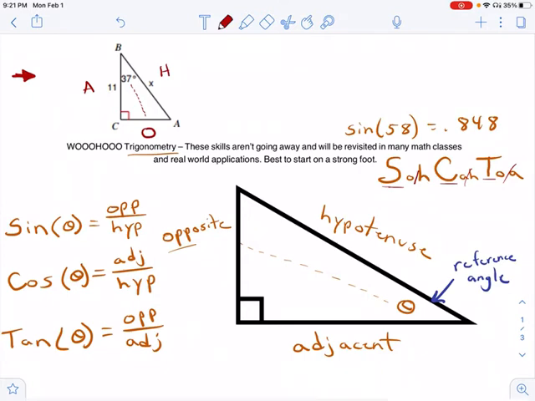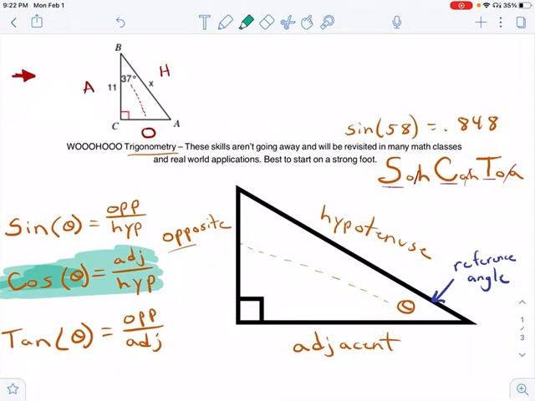So I have my choice of three different trig expressions, but I want to choose the one that relates an angle, adjacent, and hypotenuse. That is going to be cosine in this particular case. If we look at what's in the recipe for cosine, it needs to be given an angle and either an adjacent or a hypotenuse.